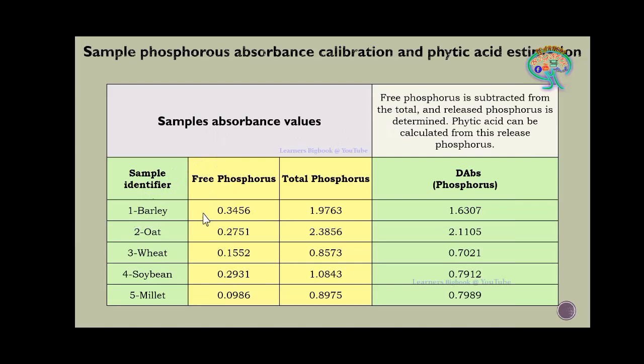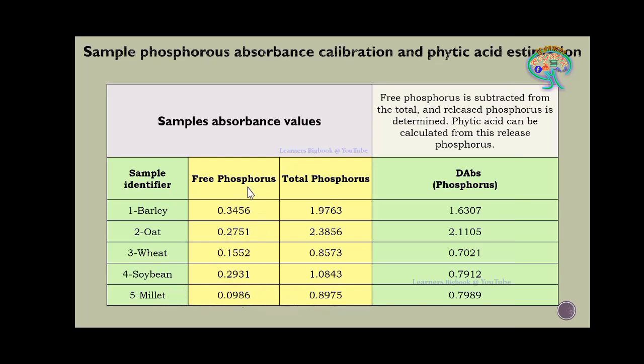As we have used barley, the free phosphorus absorbance values were this one, and the total phosphorus is this one, and the oat this one, and this one, and the wheat is this one, and the total phosphorus is this one, and the soya bean absorbance for free phosphorus is this one, and the total phosphorus is this one, and the millet free phosphorus absorbance will be this one, and total phosphorus absorbance will be this one.